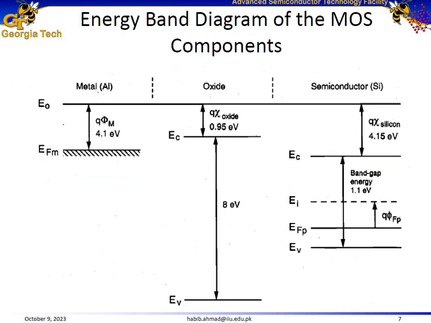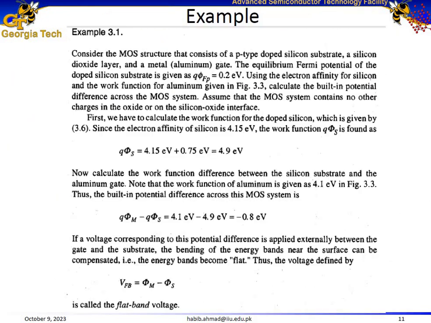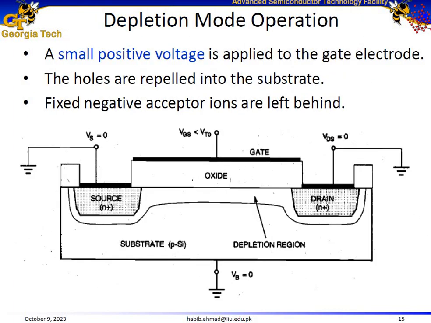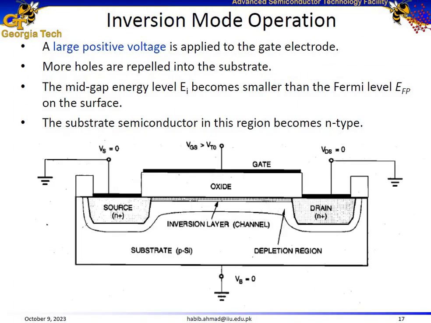So, let us go to slide number 17 so that we first talk about the operation of a MOSFET and later we focus on the MOS structure. In a MOSFET, as we previously discussed, we have a polysilicon gate.